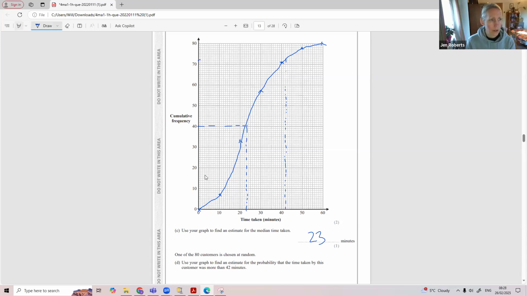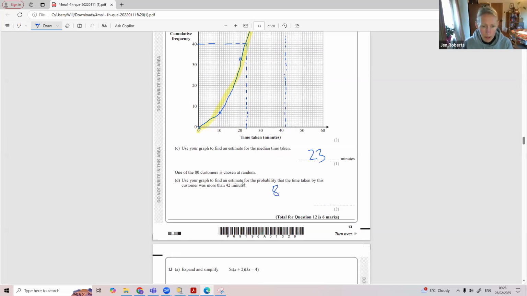So just looking at your graph, all these customers took less than 42 minutes. So these customers on the other side took more than 42 minutes. How many customers is that? So it's 5, 6, 7, 8. It's 8 out of a total of 80 customers. You might want to simplify that to 1/10 if you want, or you can just leave it like that. It doesn't ask you to simplify.